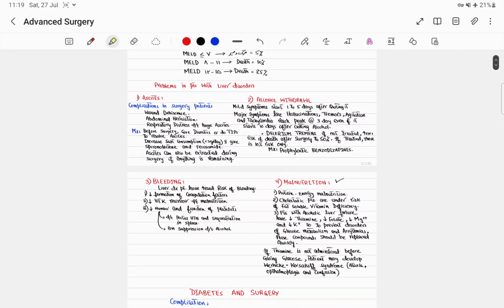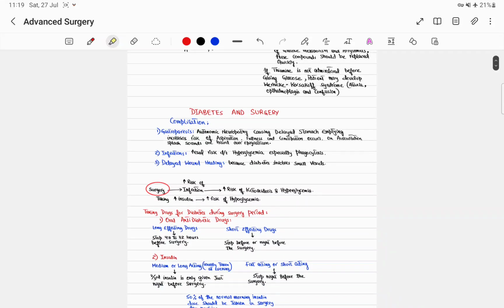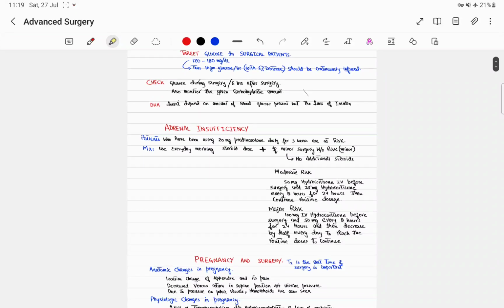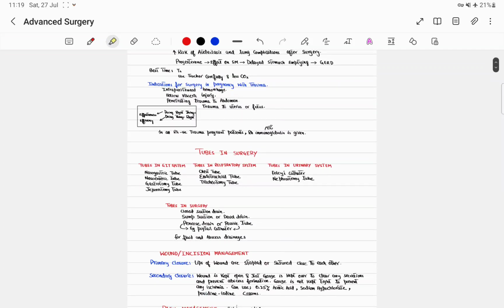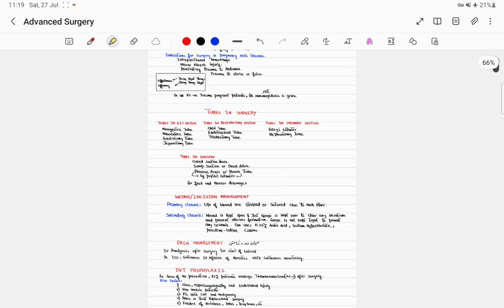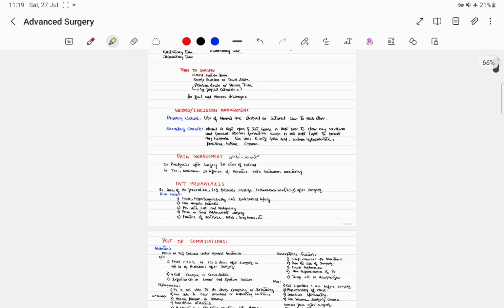We also have to be familiar with certain conditions in surgery, like diabetes, pregnancy, adrenal insufficiency, and then we will go through the tubes that are used in surgery, then wound infections.